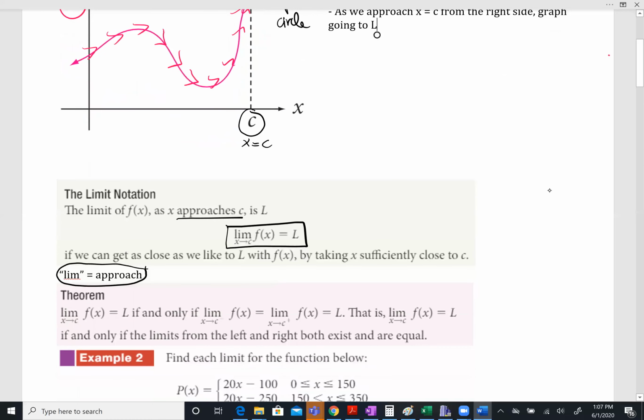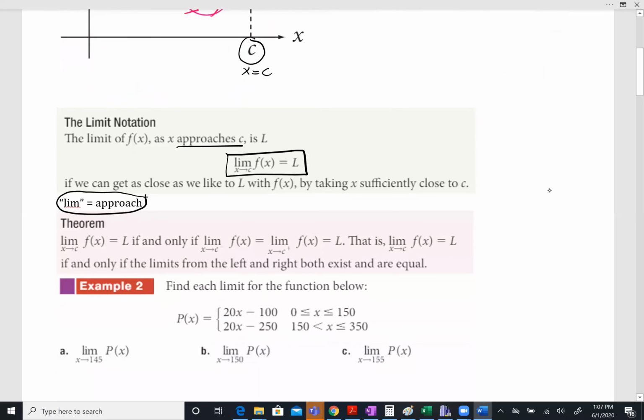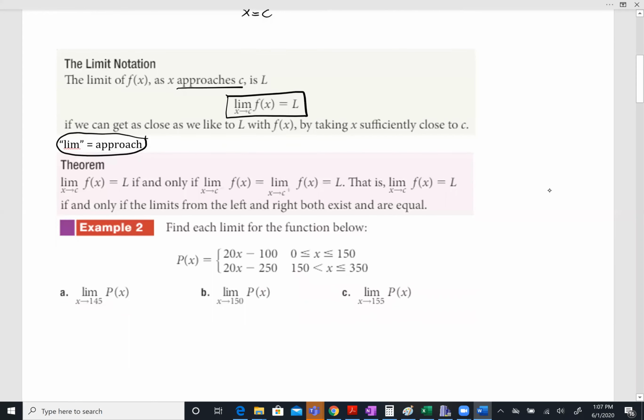let's see the theorem down here. So if I have limit of f(x) when x approaches c equal to L, if and only if, okay, the limit of f(x) when x goes to c from the left hand side. Okay, so it says x goes to c negative on the top there. That means from the left hand side.